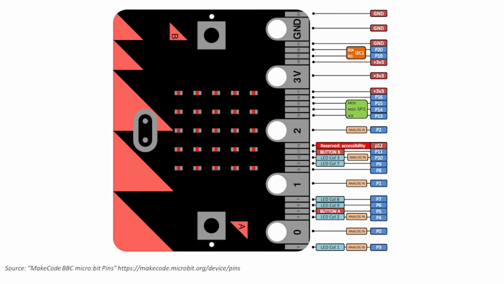Amongst all the pins, there are 5 large pins labeled 0, 1, 2, 3 volts, and ground on the edge for connecting to P0, P1, P2, 3 volt supply, and the ground respectively. These 5 pins also have large holes for attaching crocodile clips to create electric circuits with other components.